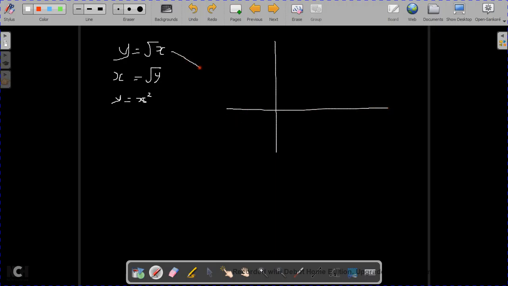Okay, just looking at this one here. So y equals the square root of x. This is what it looks like, roughly. What's its range? So its range is all these values here. So from 0 to infinity.